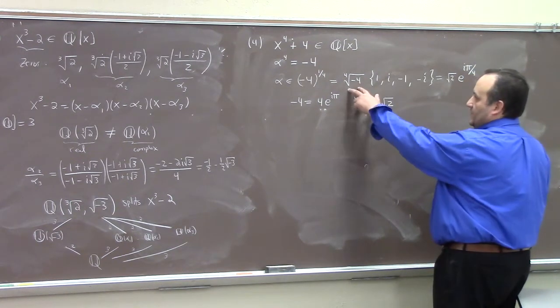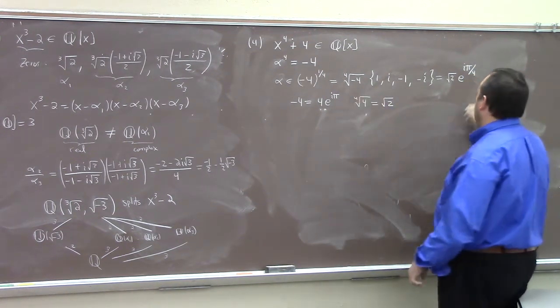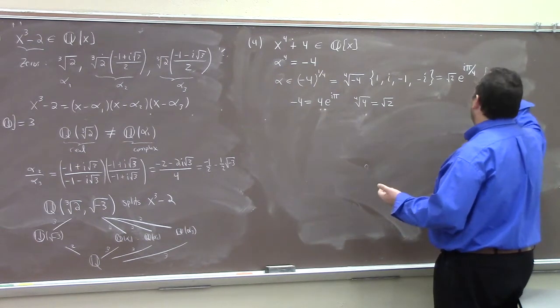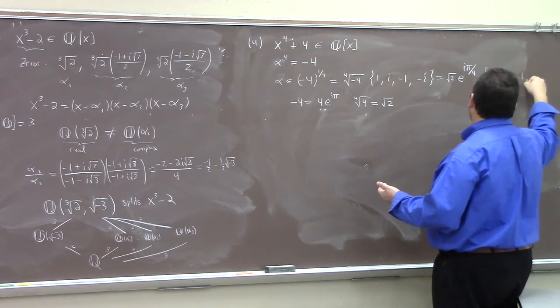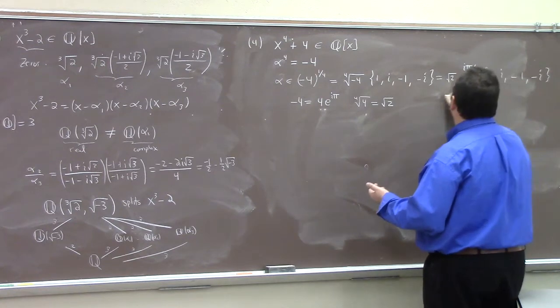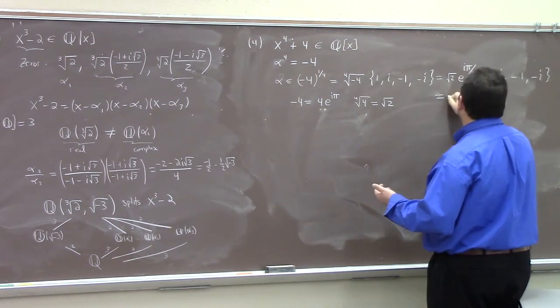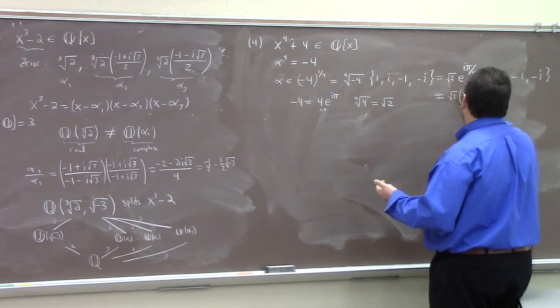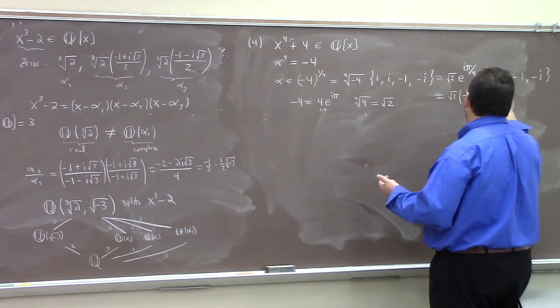That's the principal fourth root of minus 4, and then times 1, i, minus 1, and minus i. And so what is that? Well, that's the square root of 2 times 1 over root 2 plus i times 1 over root 2, right?